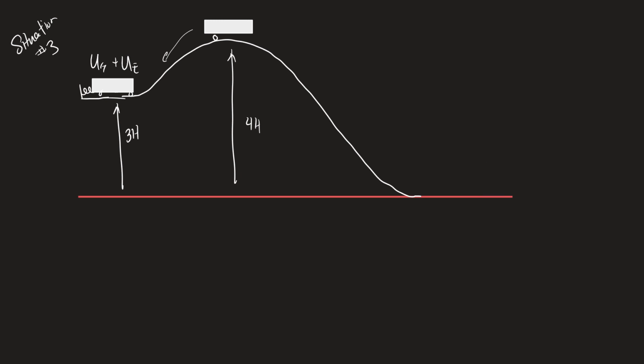The first thing I want to impress upon you is that we have a condition that has to be met. For the car to be able to stay in contact with the ground and to make it over the top of a circular hill, a condition has to be met. I'm saying this because there are clues here as to what you have to do.